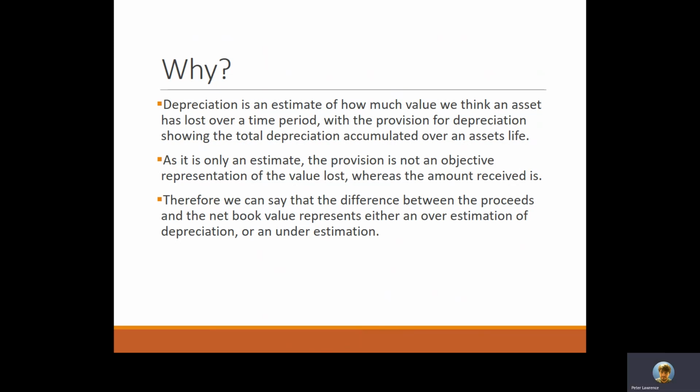If we've overestimated or underestimated our depreciation, that means that over the years our expenses haven't been correct, and therefore our profit hasn't been correct. So in accounting for the disposal of a fixed asset, what we're doing is fixing this overestimation or underestimation of depreciation.